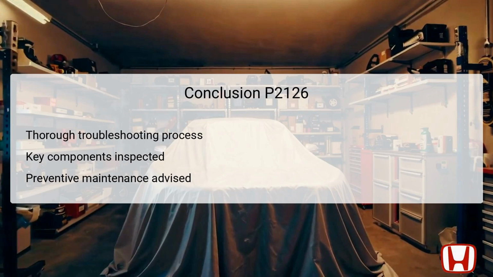In conclusion, this guide provided a meticulous approach to diagnosing and resolving DTC P2126, ensuring that critical components of the throttle position system were adequately inspected and verified. By following the outlined steps, technicians can systematically identify issues with the APP sensor, wiring, and PCM that contribute to this fault code.